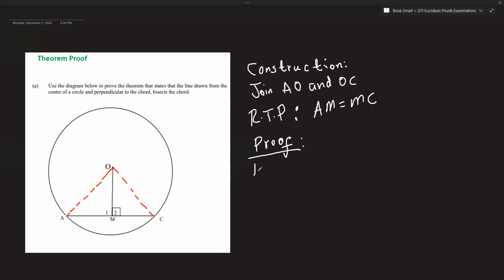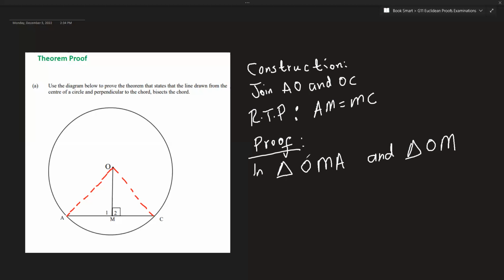Right, so I'm going to say in triangle OMA and triangle OMC. Remember, you must check the way I'm labeling it, because the reason why I'm saying OM is because OM is common between this triangle and this one. So OM, also there must be OM.